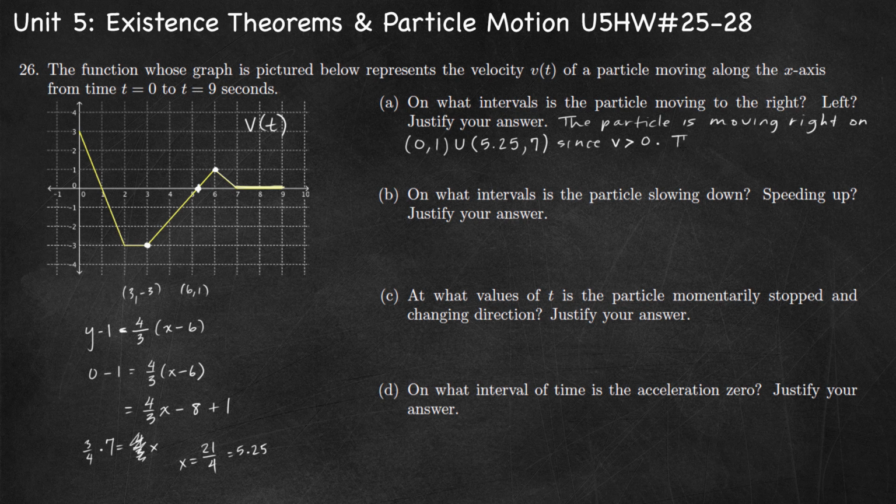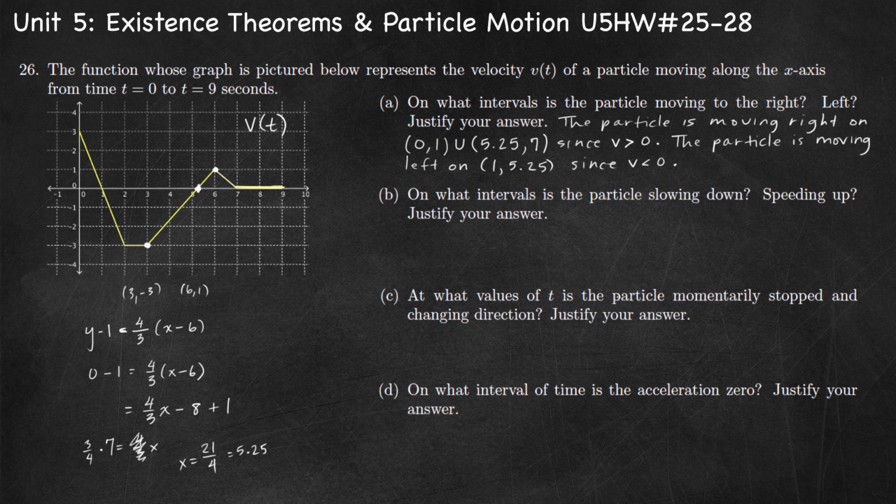And then the particle is moving left on the interval. So now I'm looking to see where's my velocity negative, and that's everywhere between 1 and 5.25. So 1 comma 5.25, since v is less than 0.